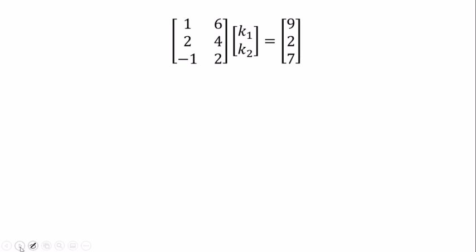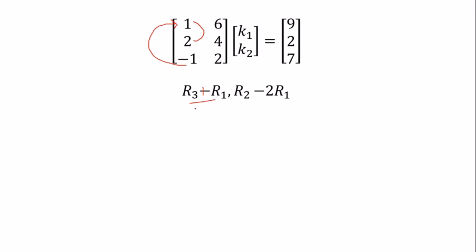So this is given. Now we apply R3 plus R1 and R2 minus 2 R1. R3 plus R1 gives minus 1 plus 1, 0, and R2 minus 2 R1 gives 2 minus 2, which is also 0.